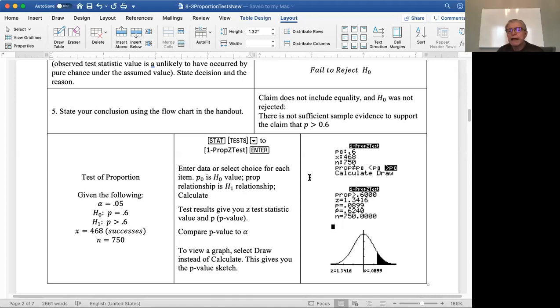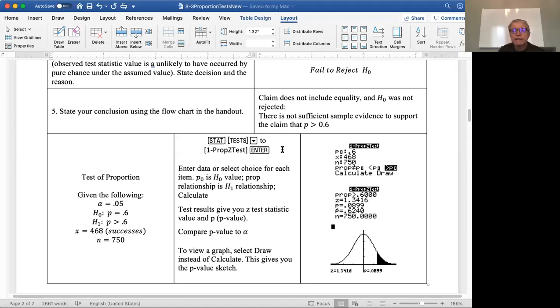They give us as output the test statistic value, so we don't have to calculate it directly, and they give us the p-value. It doesn't have anything to do with critical value. It's only a p-value. So it covers step 2, the test statistic, and step 3, the p-value. And we make our decision based on the p-value, and then state our conclusion.